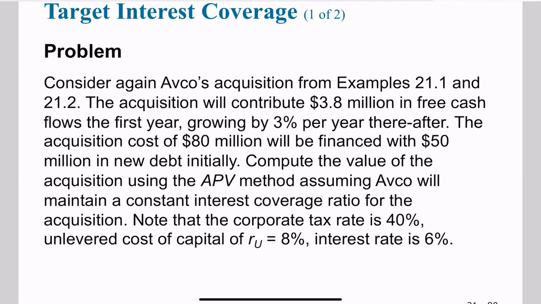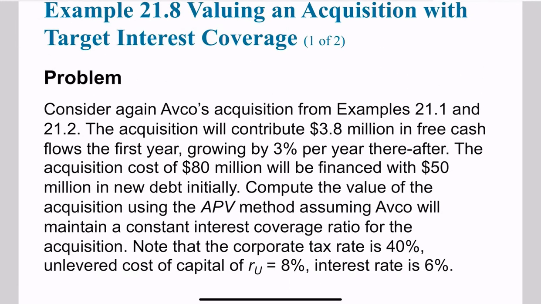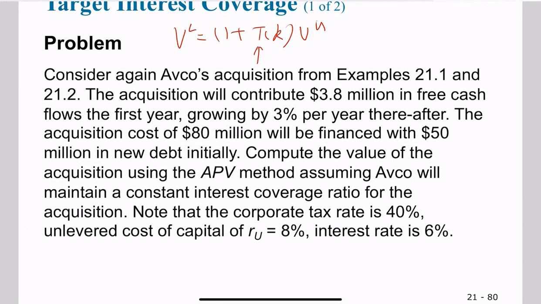So if you look at the formula, right, VL equals 1 plus tau C K times VU. And we have tau C here, which is 40%. And what is VU? This should be easy, right? We have done this. So let's first finish the easy part. The first cash flow would be $3.8 million.